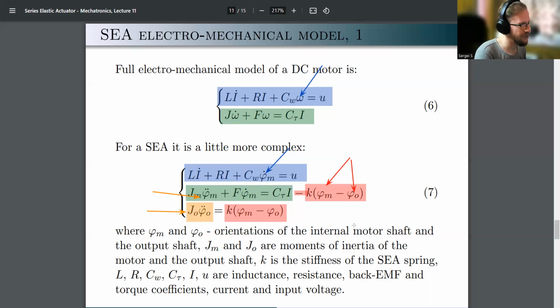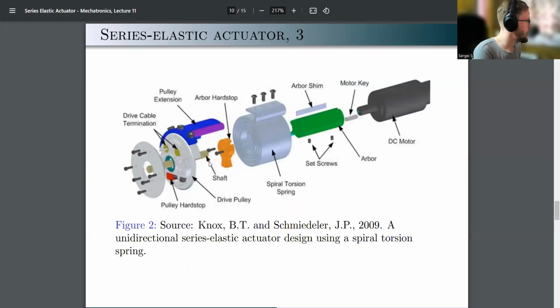Also, importantly, this formula is designed for angles to be in the same radians. So you cannot mix them, for example, make phi sub m computed in terms of radians of, let me go back so that you would see it more clearly. This is phi sub m, and this is phi sub o, right?